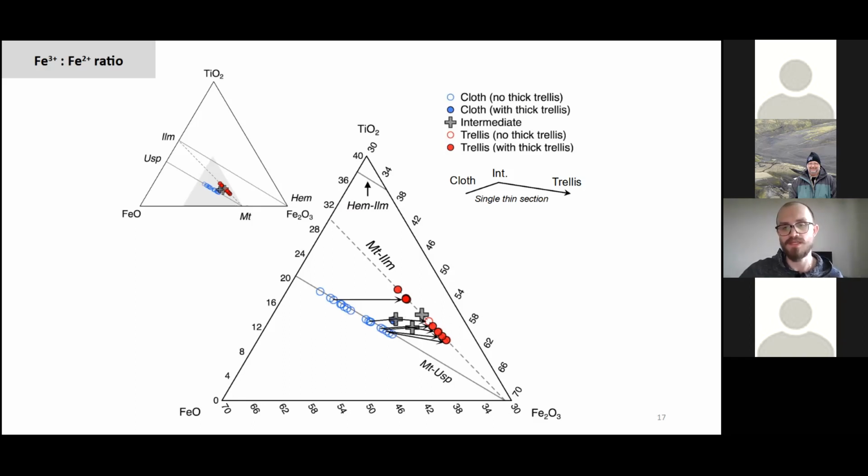Now, something else that we can see is that during this oxidation process from cloth to trellis, the titanium content is not being affected, and we can see this because the arrows connecting the samples are horizontal. So all of these mineralogical, textural and compositional features agree with this oxy-exsolution model that was presented back in the day, with the only change that rather than oxygen being the oxidizing agent, we're suggesting that carbon is the oxidizing agent.